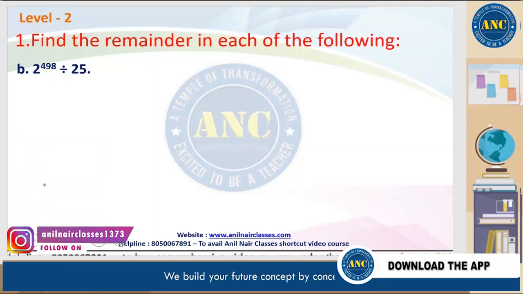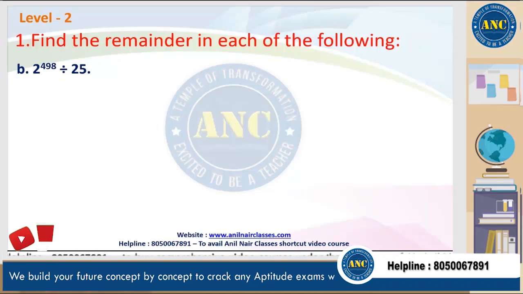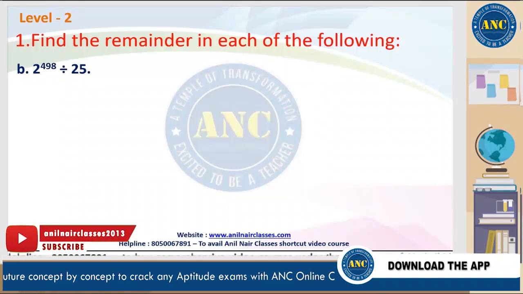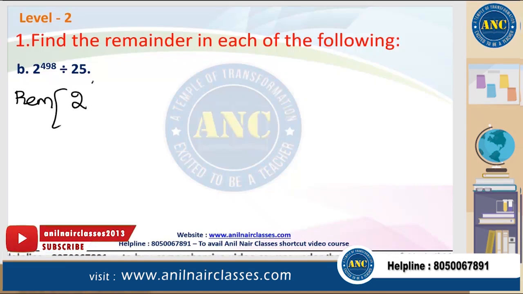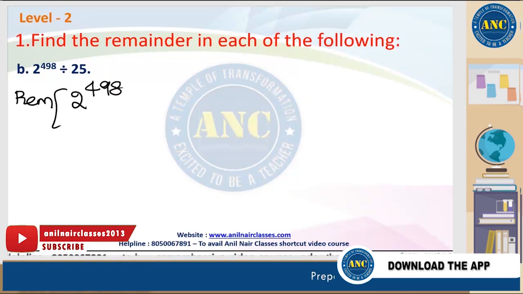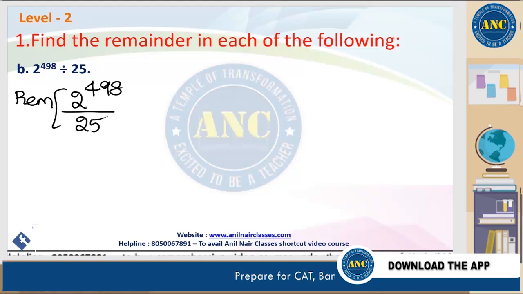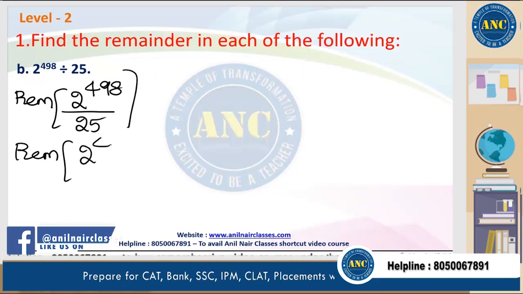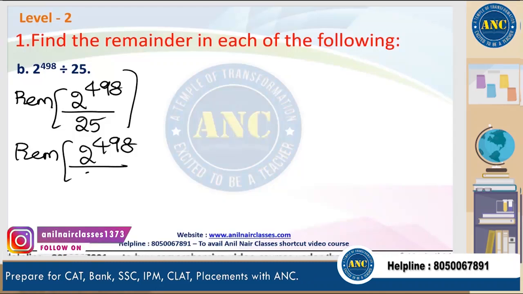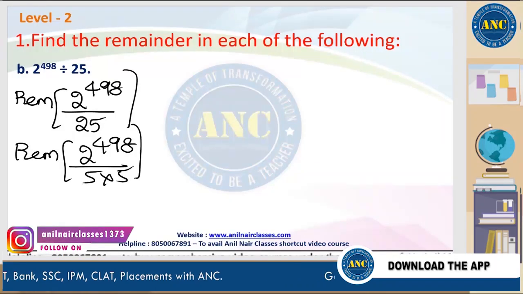Now another one, 2 power 498 divided by 25. Anil Nair class students, first thing you should do is keep an eye on the answer options. 25 is nothing but 5 into 5.